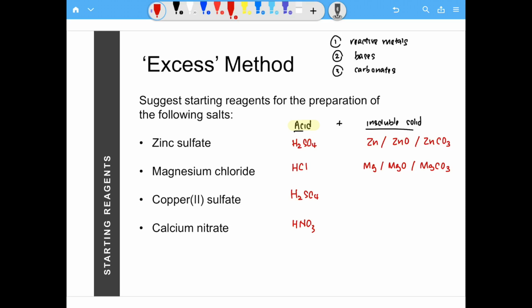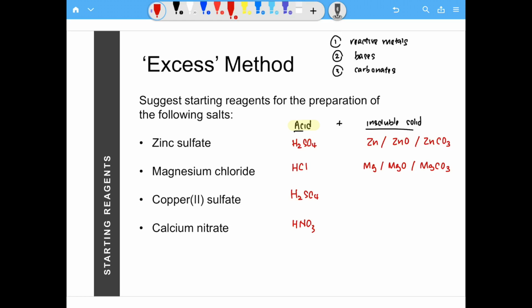Right, now if we were to follow the same rules for copper(II) sulfate and calcium nitrate, we will run into some problems, but let's put that on hold, and we will look at that more later.